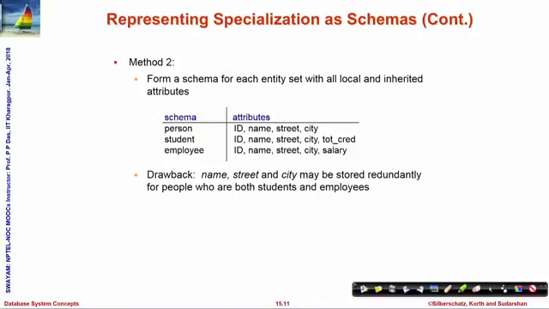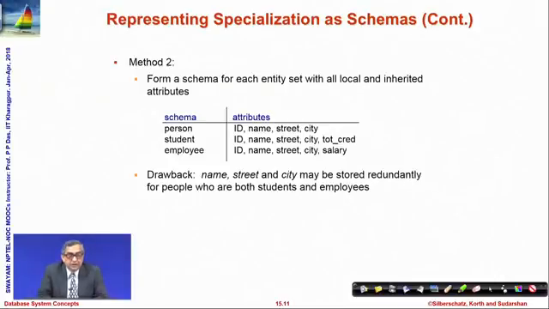The information of the common attributes, name, street, city, etc., will occur in both these tables in the design. So, these are two methods, and we have given you their relative advantages and disadvantages, and based on a particular situation you will have to choose what is a good method to represent.